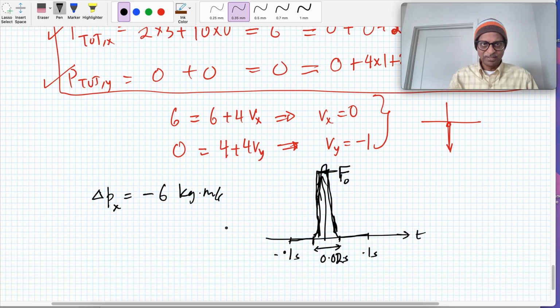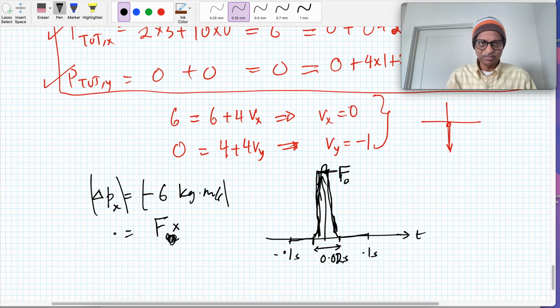Well, this will be that force, maybe the x component, okay? So F0, and let's call it all absolute, just magnitude, forget the directions. So 6 will be F0 times 0.02, not 0.2, because this is close to 0.